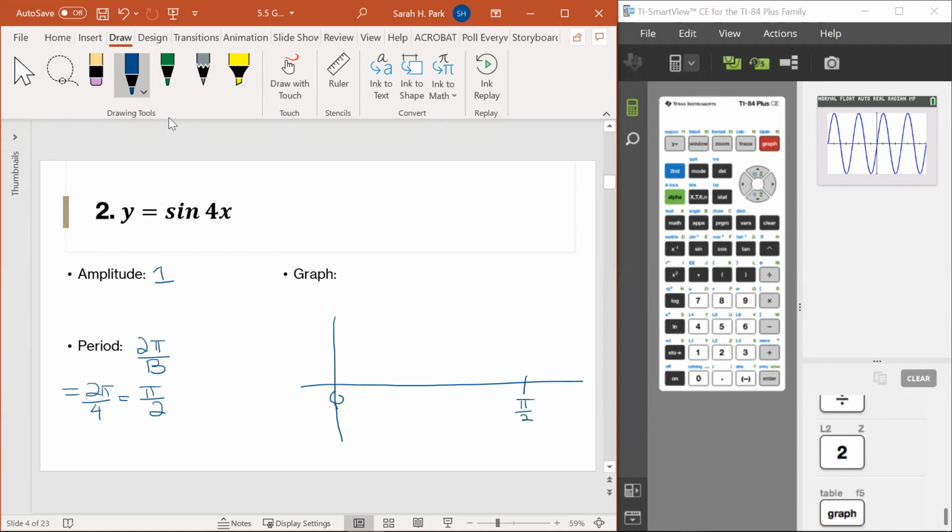But I don't know what these values, these tick marks, are. If I know that the whole period is pi over 2, and I need to get what these tick marks are, what you do is take pi over 2 and divide.